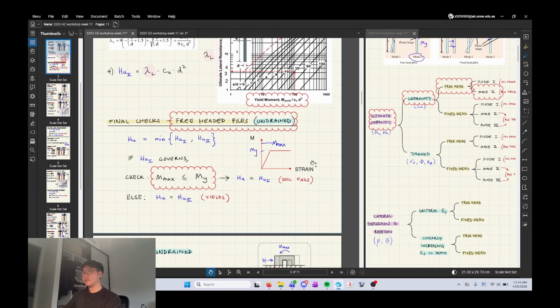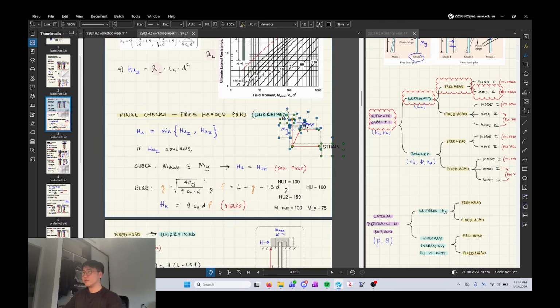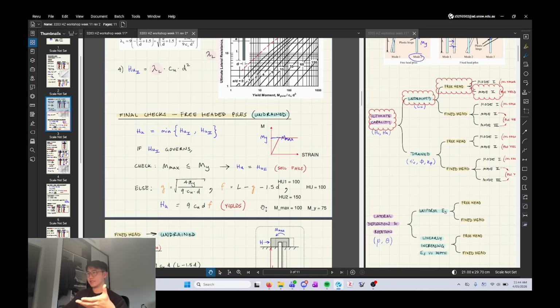I'm also going to paste over this graph. I think it's handy. So what I'm saying is if the max moment is above the yield moment, you should reset it back to the yield moment. That seems to make sense. So if this is 100 and the yield moment is 75, we have to bump this back down to 75.